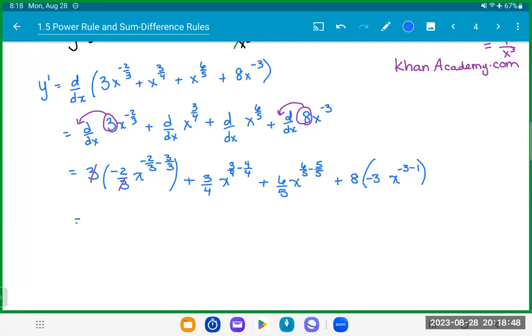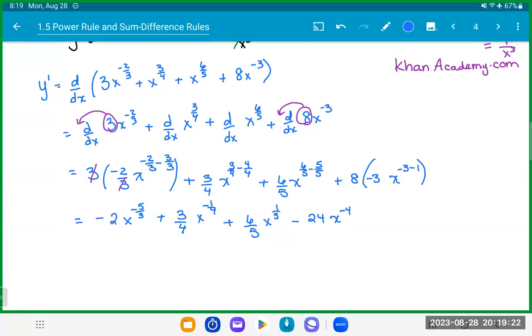So that gives me negative 2 x to the negative 5/3 plus 3/4 x to the negative 1/4 plus 6/5 x to the 1/5 minus 24 x to the negative 4.